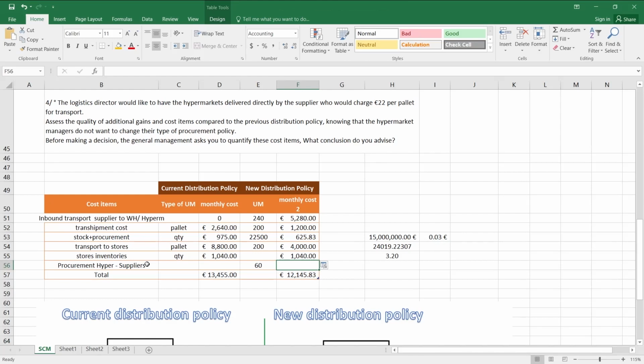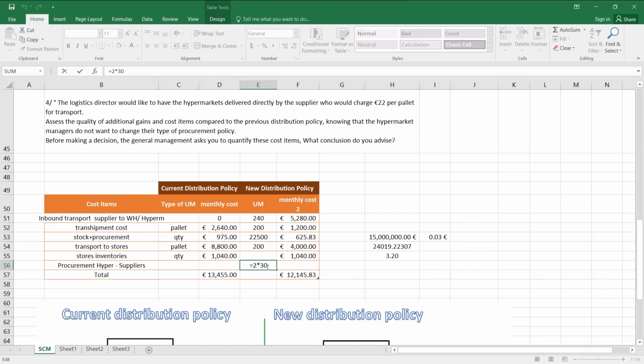And now for the procurement from the suppliers to the hypermarkets, we have been told that our ordering cost is 45 euro. And basically the frequency of replenishment, since we know that we have 30 hypermarkets, and that the calendar procurement periodicity followed by the hypermarkets is 0.5, which is twice per month.